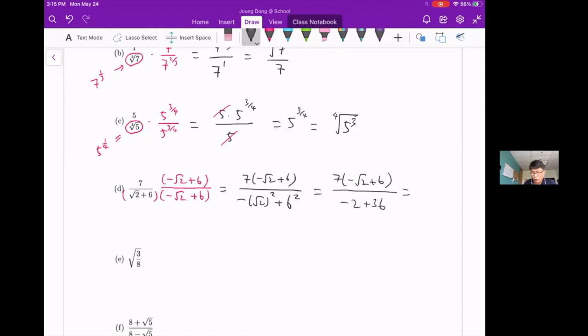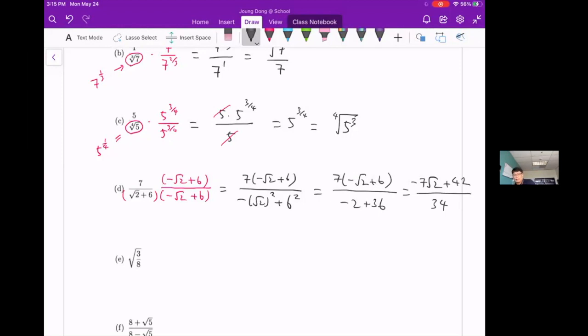Let me distribute your numerator. It is negative 7 square root of 2 and 42. So there's nothing radical in your denominator.